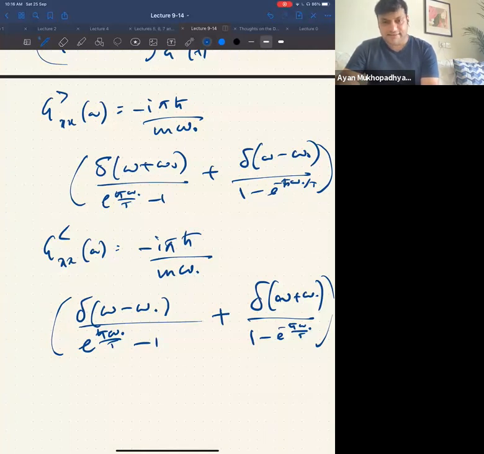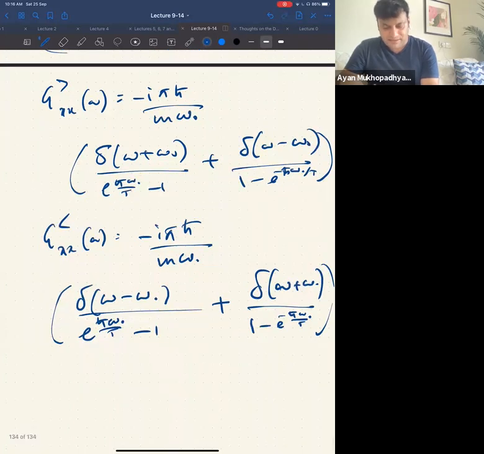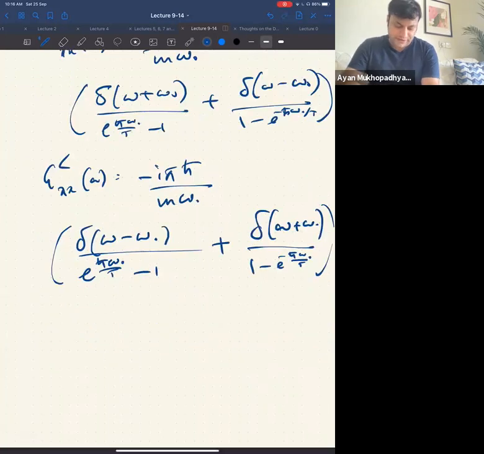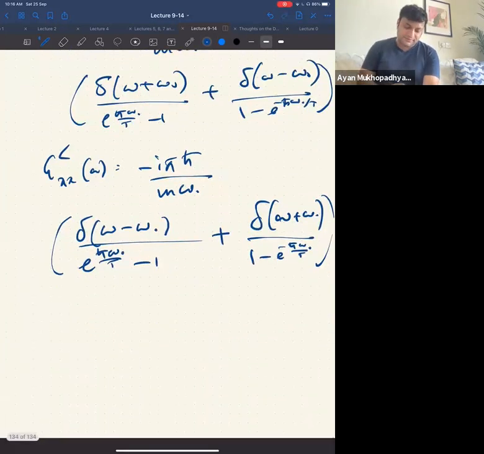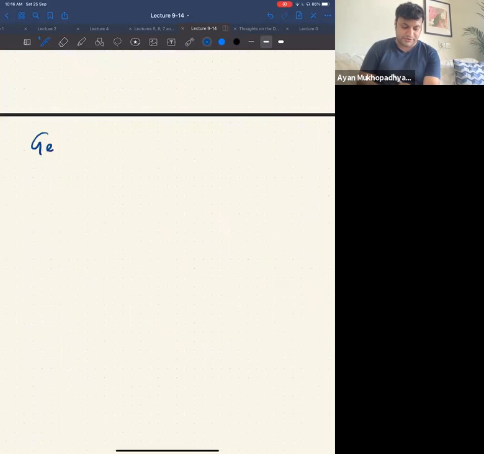Okay, so this is basically all that I have to say for the quantum harmonic oscillator. But today, before we go to Wick's theorem, we try to understand more general properties of two-point functions in an arbitrary theory.